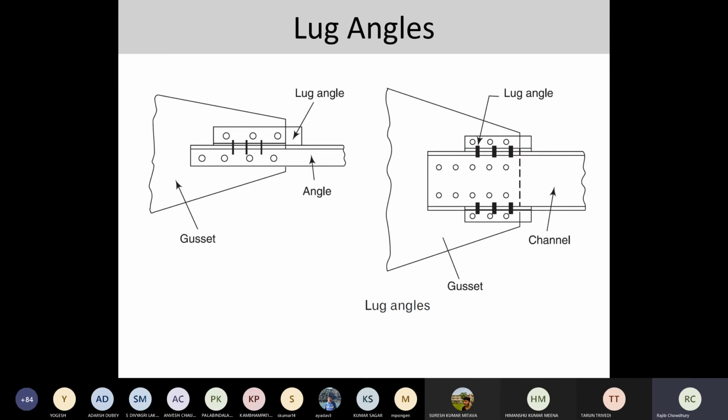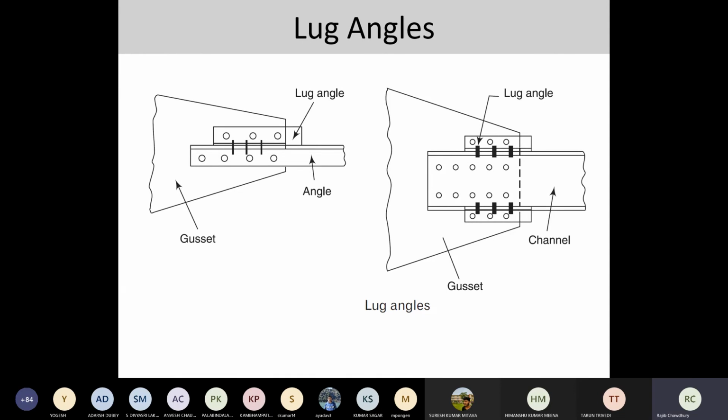Let's say 10 mm thickness of weld or 36 dia of bolt is required. And this results in a very uneconomical design, or uneconomical size requirement of the gusset plate.